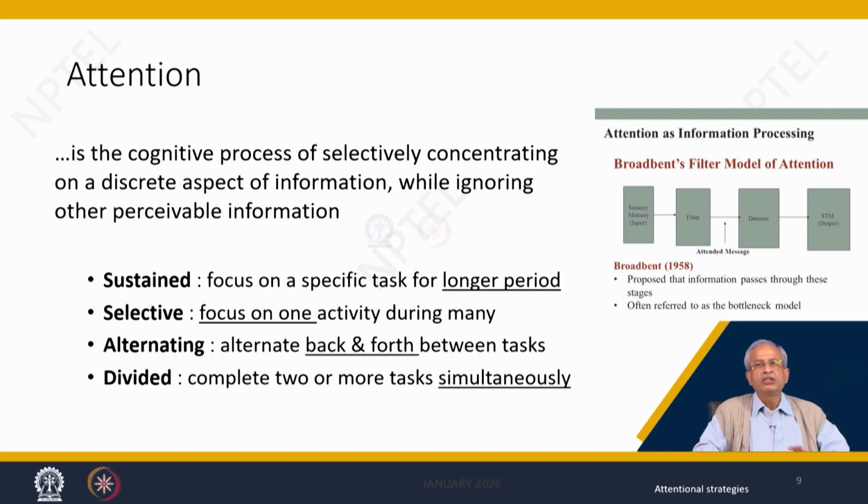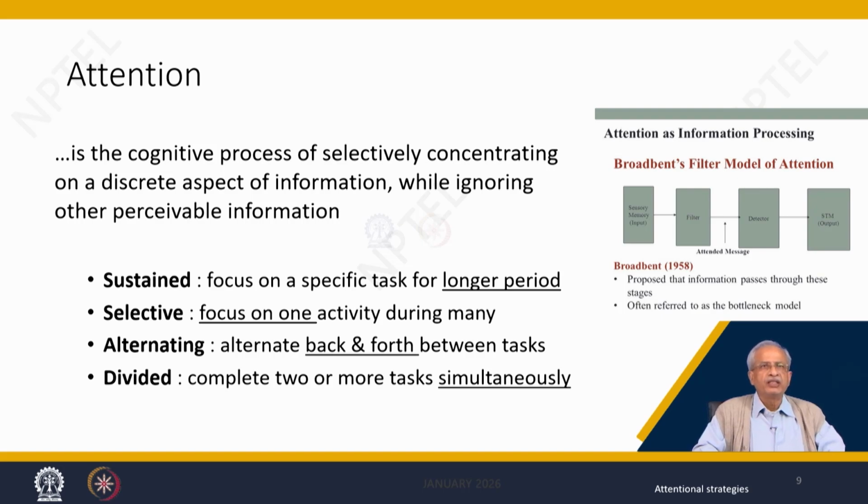But when we talk about selective attention, the focus is on one activity among many. It is not about temporality, how long we are looking at it, as in sustained attention. It is about which activity, out of many activities in my environment, I am looking at, which we call selective attention.